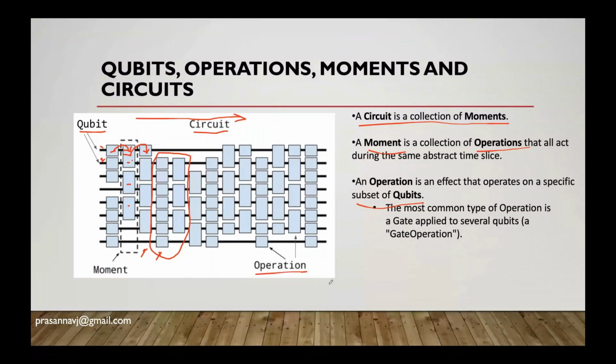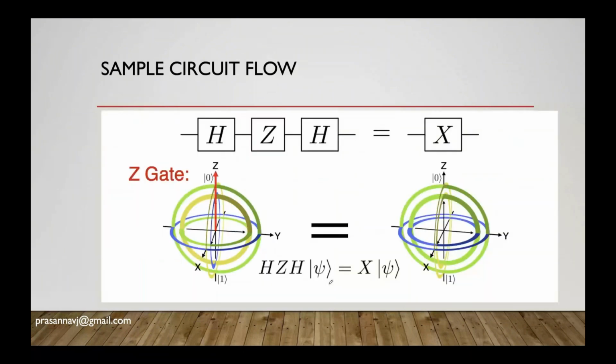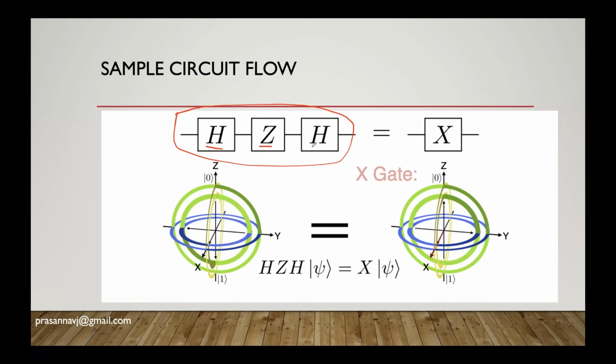Here is an example of a sample circuit and how the operations are applied on the actual qubits. Let's take this one. Here there is an H gate, a Z gate, another H gate, and here is something called an X gate.